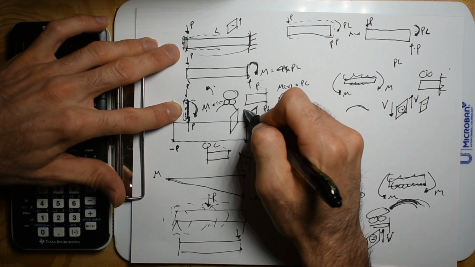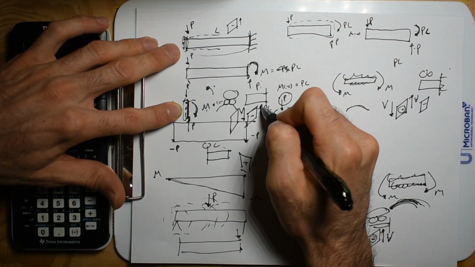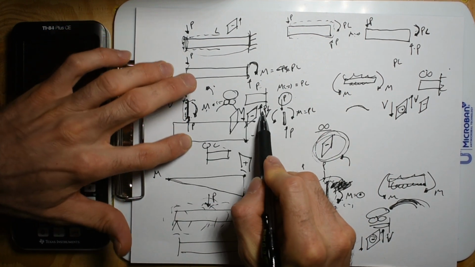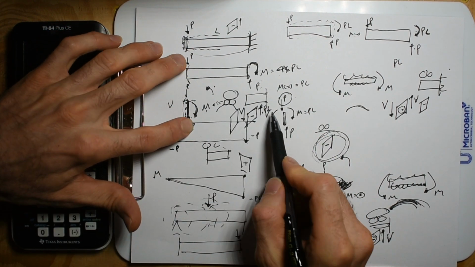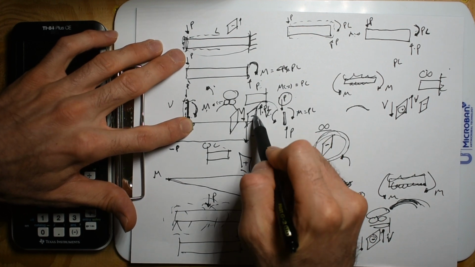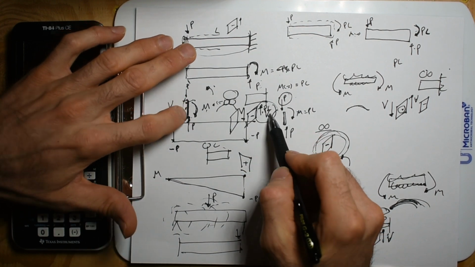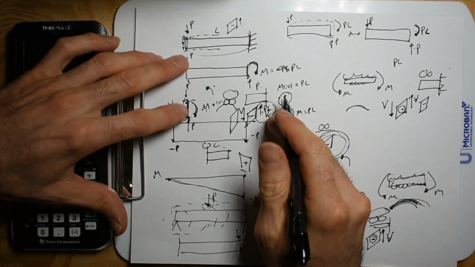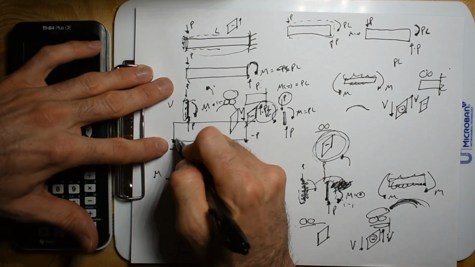To get this shape, you must have pushed down and you must have pushed up. And what side are we on? We're on the right side, and we have an upward force P with an upward shear. So those are synonymous. Those look alike. And that's a negative convention. So therefore, negative P is our value there.